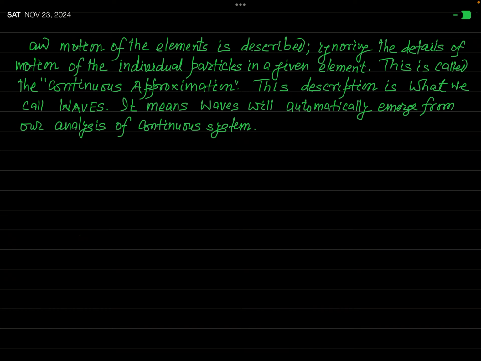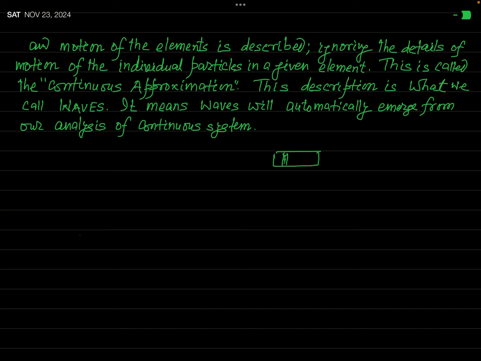In fact, this assumption implies that the motion of near neighbors is very nearly the same. And we can then divide the system into infinitesimally small elements. How will this problem then be handled? Then you can't consider the motion of an individual particle. In this condition, we consider that our medium is composed of small elements, not individual particles, although an element will consist of a large number of particles too.